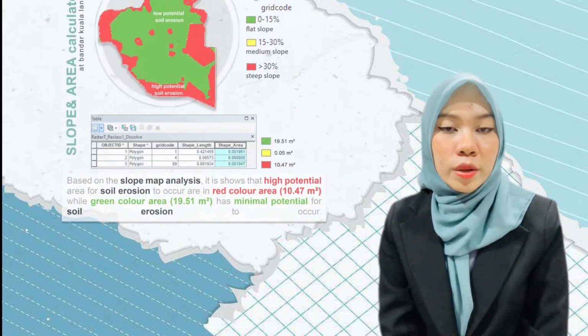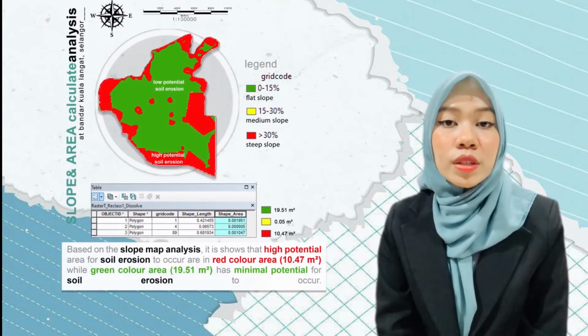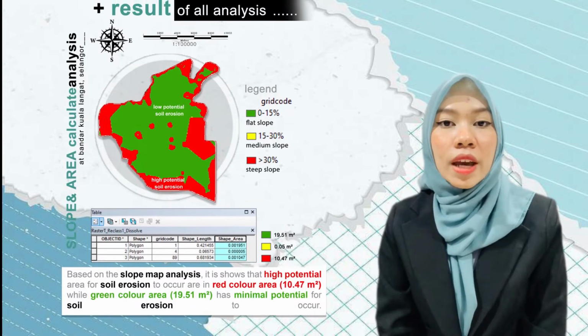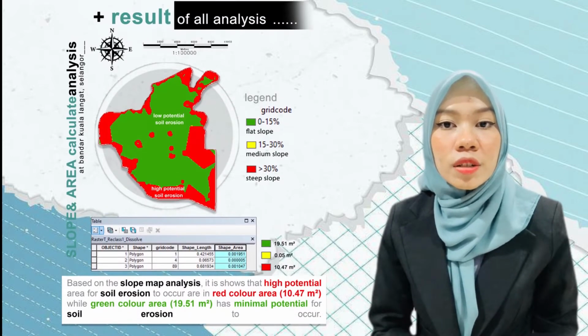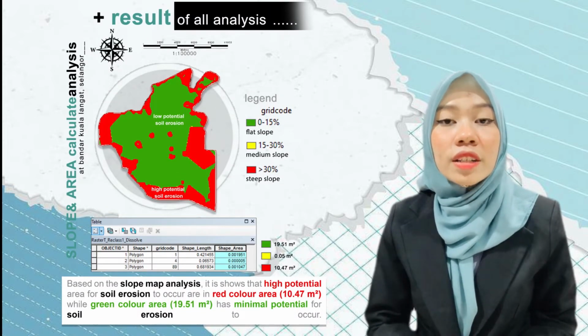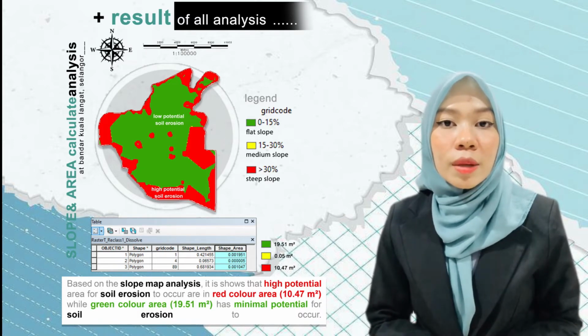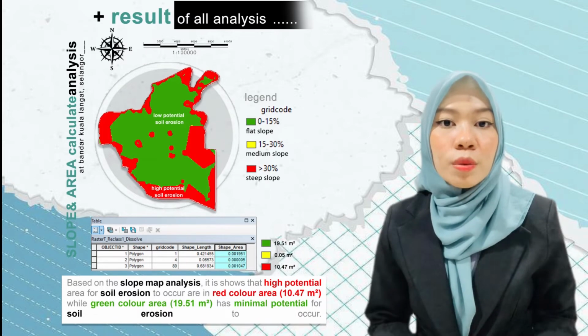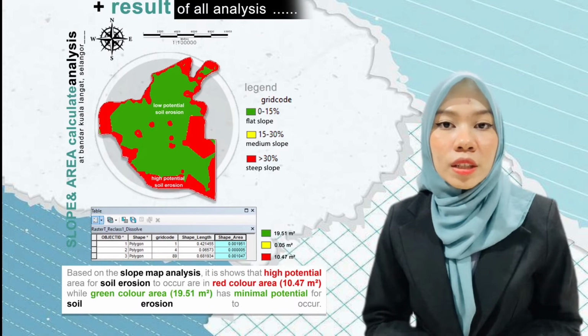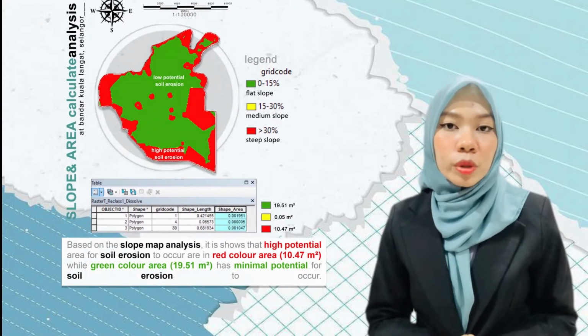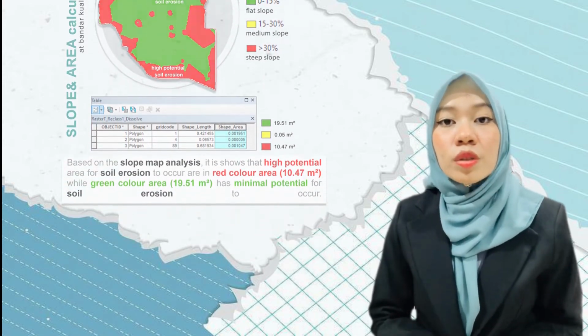Last but not least is slope analysis with area calculation. Based on the slope analysis, it shows that the high potential area for soil erosion to occur is in the red zone color, which is 10.47 meters square, while the green zone of 19.51 has minimal potential for soil erosion to occur.